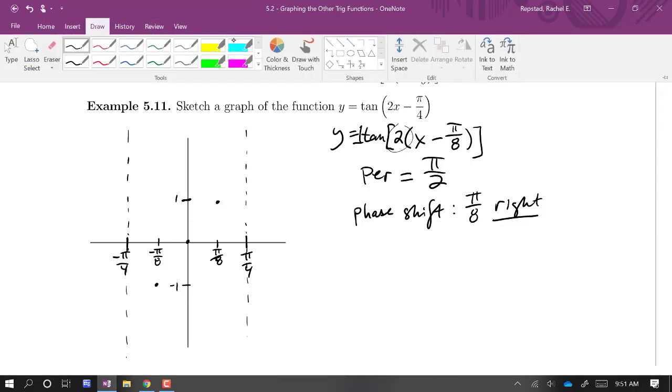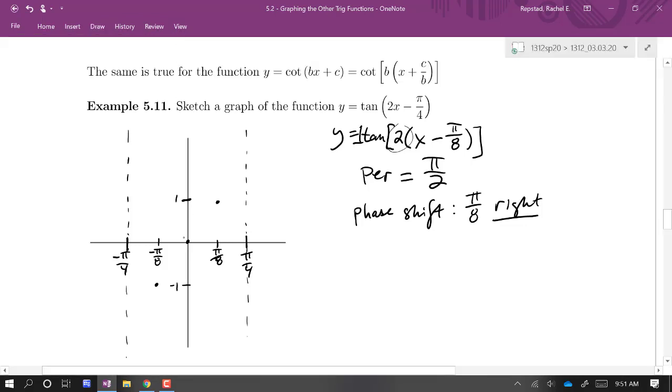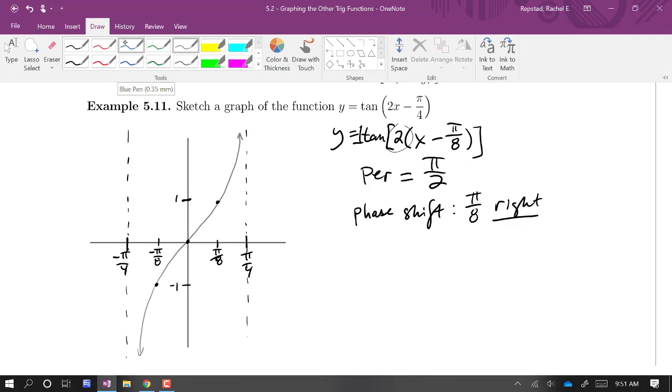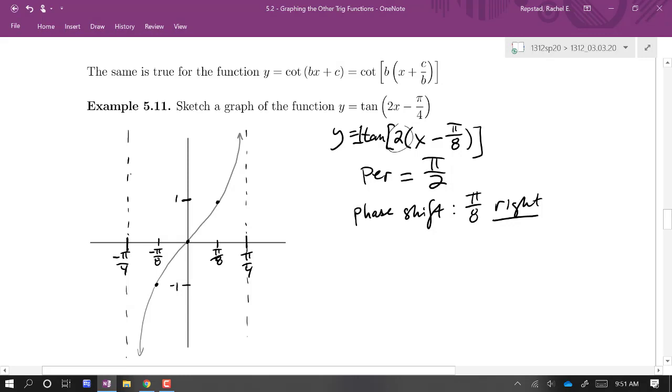So here it is. I'm going to do this one in gray, I think. Here it is without the phase shift. And then what I want to do is push this whole thing over by pi over 8 units. So I'm pushing over this asymptote, pushing over this asymptote.